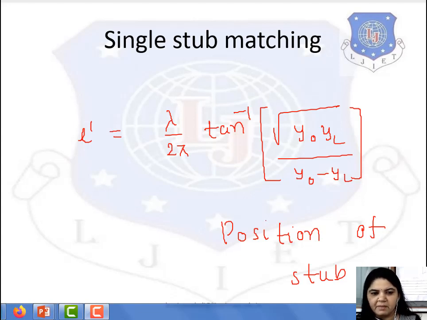Similarly, double stub matching is also there for matching the impedance of the transmission line. So it is required in the transmission line concepts. So keep everything in mind.